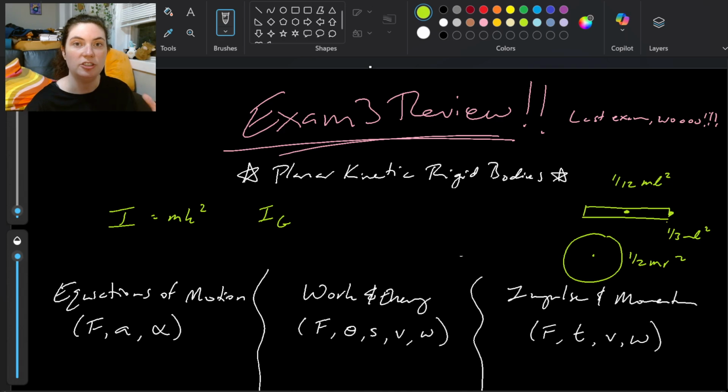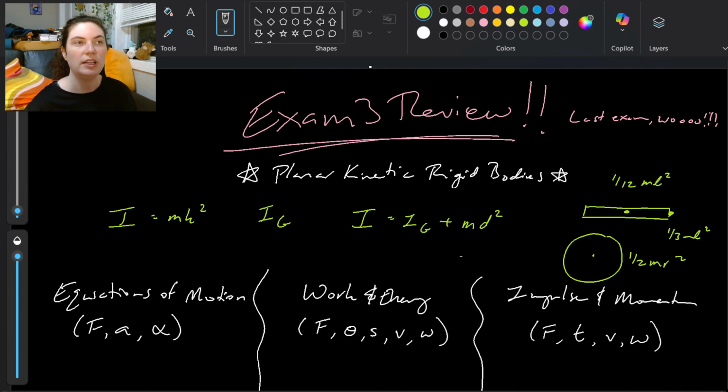And so once you have your IG, you can also adapt your moment of inertia to any point by using your moment of inertia equals IG plus mass times d squared, where d is the distance from G to your point of interest.